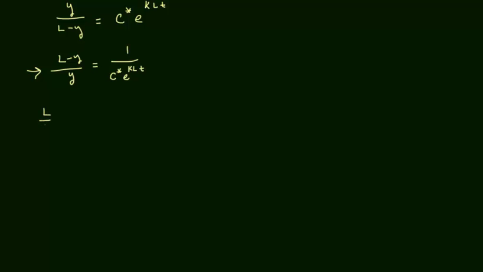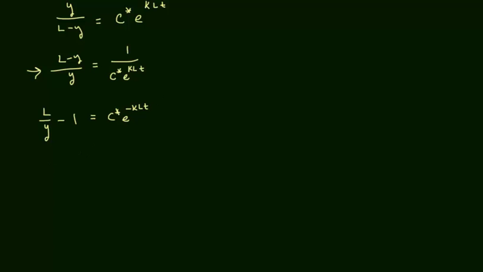So L over y minus y over y, which equals 1, equals, and then I'm also going to bring this quantity back up to the top, C star e to the negative K L t, so it's now in the numerator as a negative exponent.